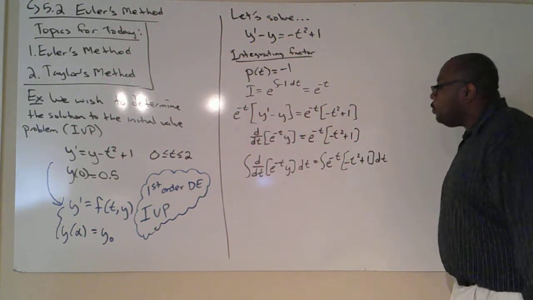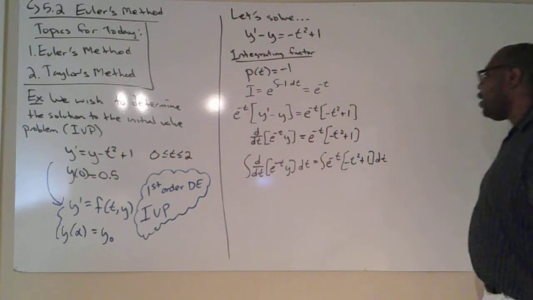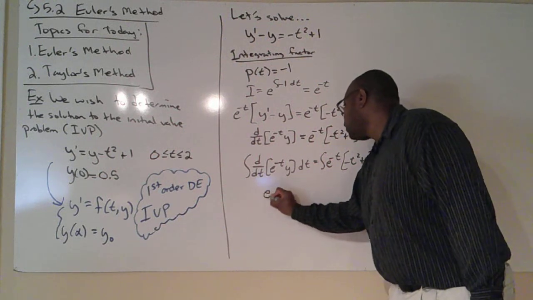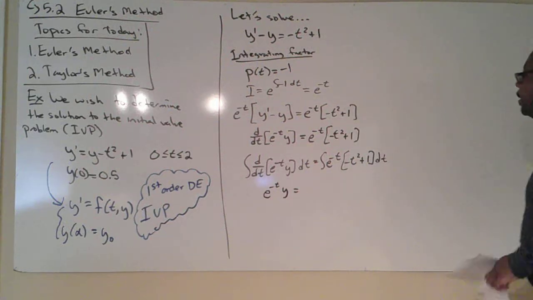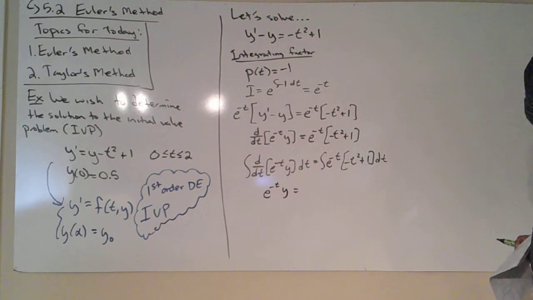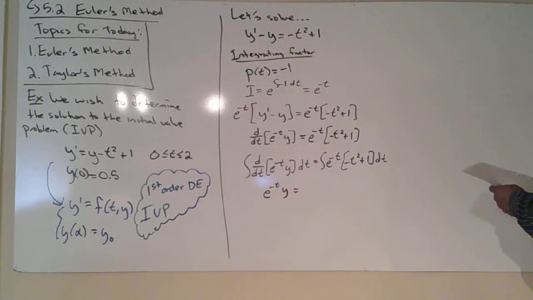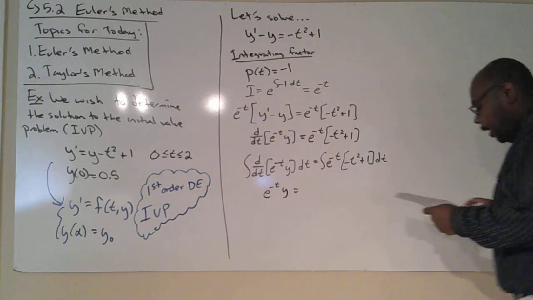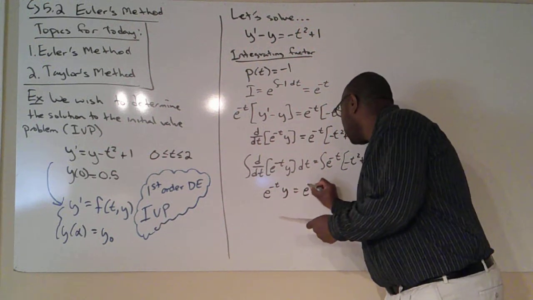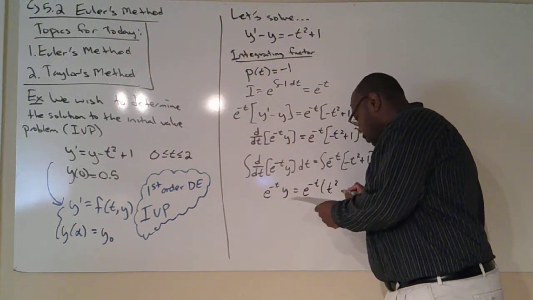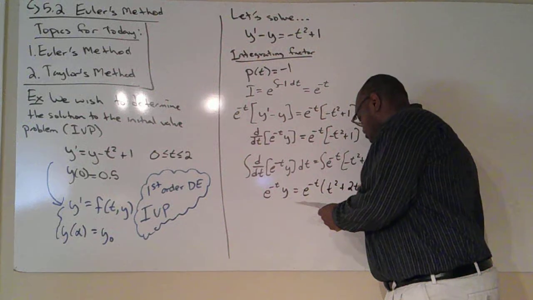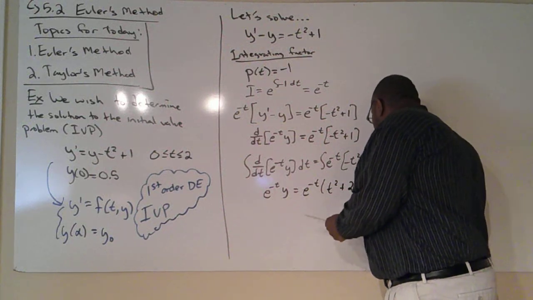If I integrate the derivative, then I get back my original function, e to the negative t times y. And when I integrate this side, I get on the right-hand side, e to the negative t times t squared plus 2t plus 1 plus c.